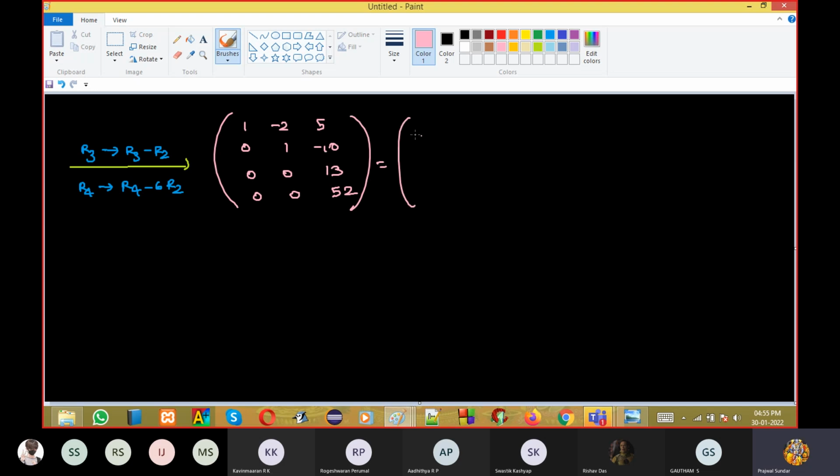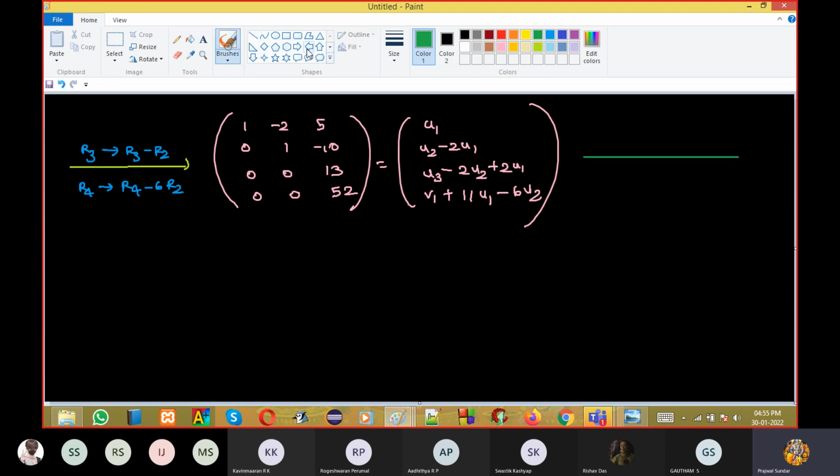This is equal to u1, u2 minus 2u1, here you will have u3 minus 2u2 plus 2u1. All this I have written as numbers. I'm doing fast. You can slowly check what I'm doing. Whatever operation I'm performing, I do it on this side. You will get it. Okay, don't worry. I'm just doing it to finish the class fast.